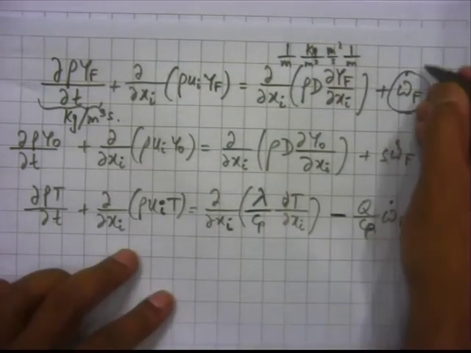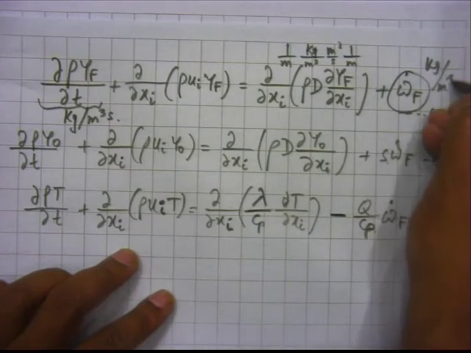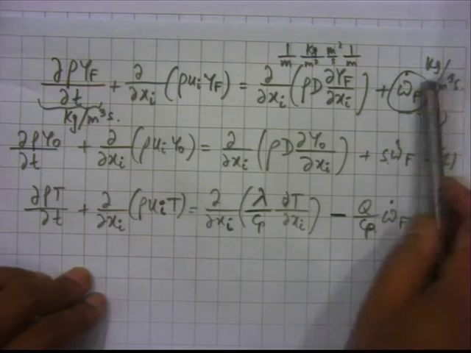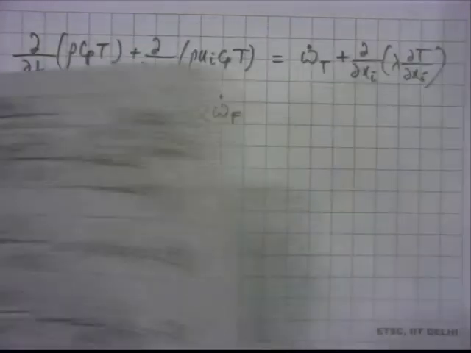So this is also kg per meter cube second. This is tricky, because I think we used previously kilomole per meter cube second for omega dot terms, when we are referring to Tanz's book. So you have to be careful. Just forget about Tanz's notations for a while. So this is kg per meter cube second.